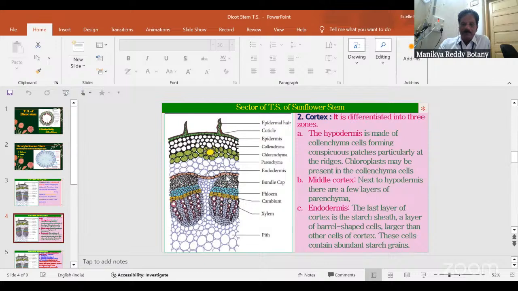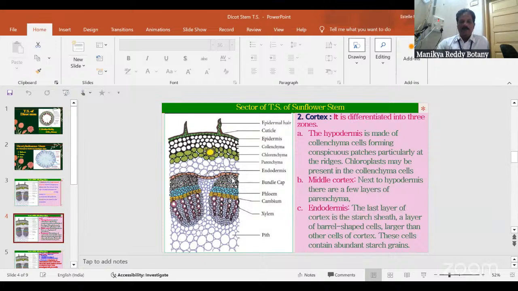They have one prominent feature. Their radial walls are thick. These thickenings are called Casparian thickenings. That is the identification point of the endodermis.